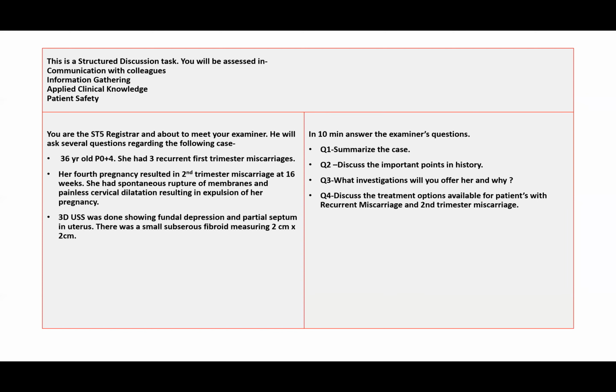If the patient has antiphospholipid antibody, she will be treated with low dose aspirin and low molecular heparin as soon as pregnancy is diagnosed, continuing up to 34 weeks of pregnancy. It causes 15% of recurrent miscarriage, and it is a treatable condition.